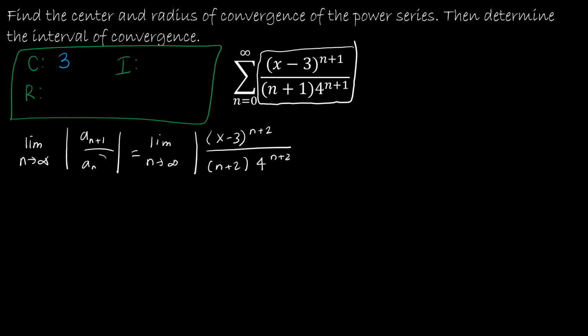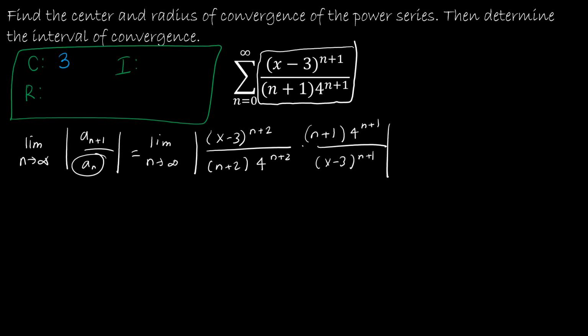I'm going to divide it by the original function, but I'm actually just going to multiply by the reciprocal because I'm too lazy to recopy it yet again. So n plus 1, 4 to the n plus 1, and x minus 3 to the n plus 1.